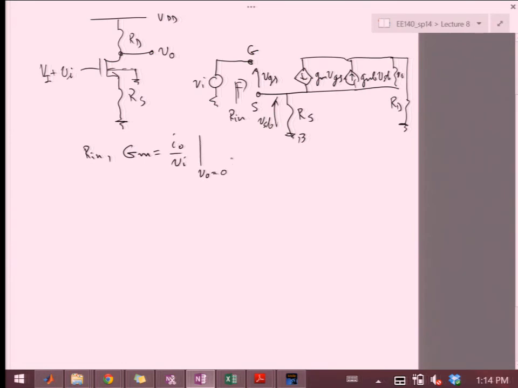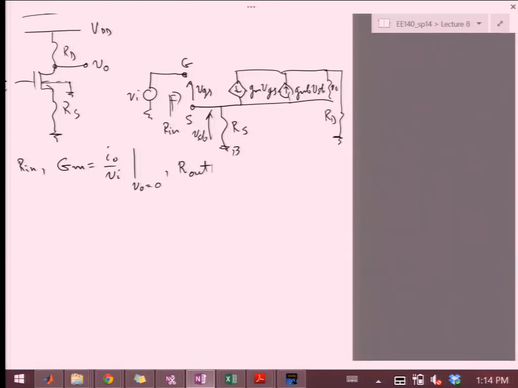And then we have our R out. I can always calculate R out just at this point, and then the overall resistance looking into here will always be that R out in parallel with RD. So I can break things up a little bit so that I don't do too much work.